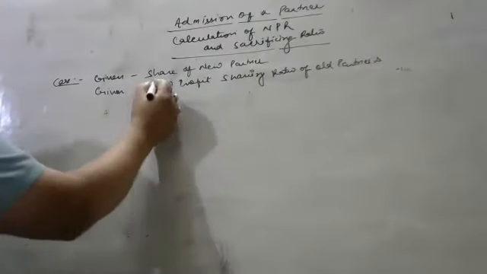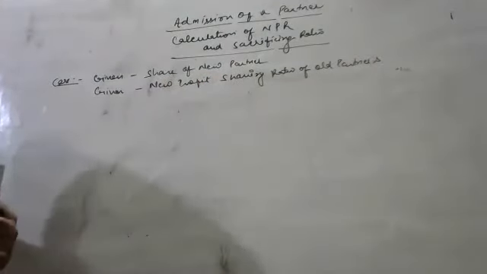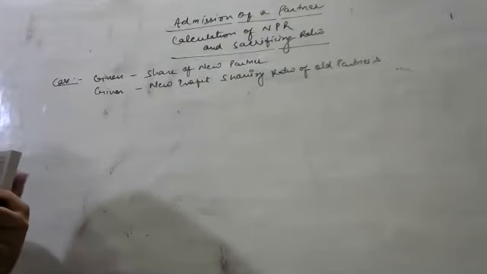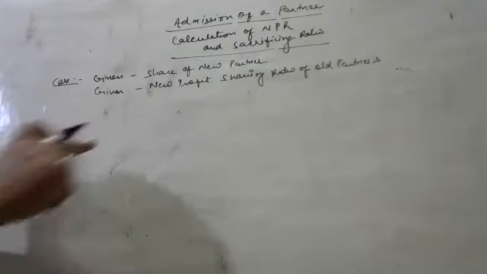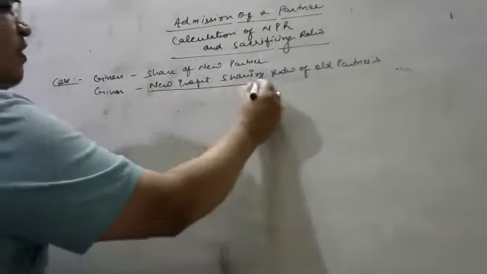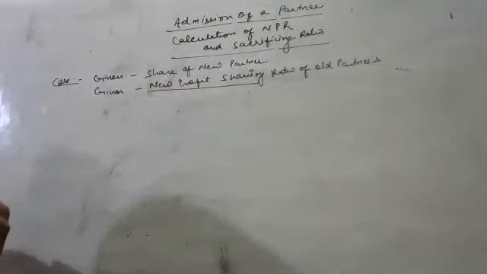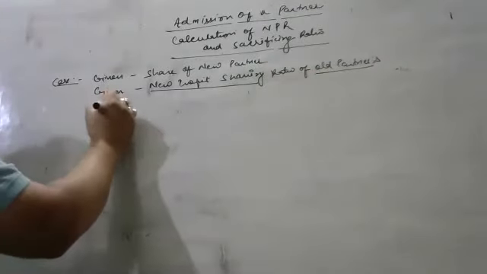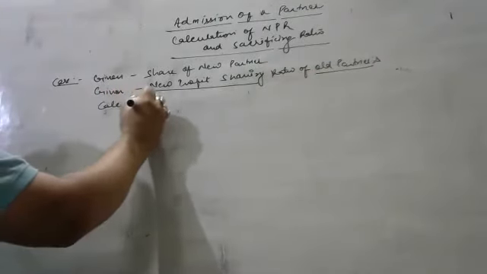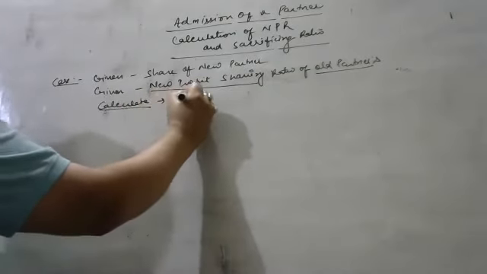If we are given the share of the new partner, that is, the share for which the new partner is being admitted in the firm, and the new profit sharing ratio of the old partners only, then what you need to calculate here is the new profit sharing ratio again.